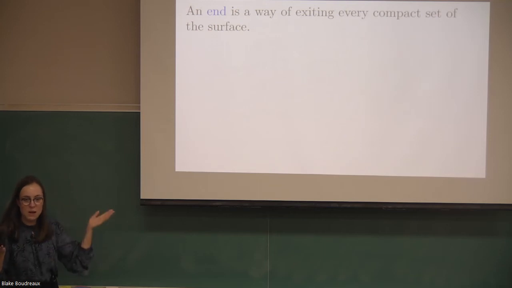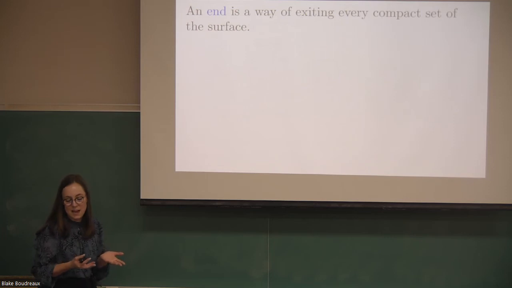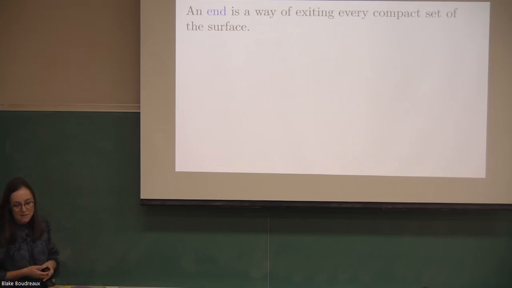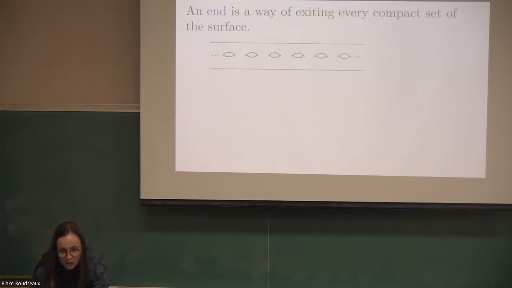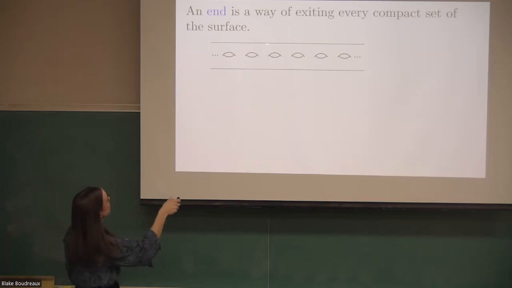The first thing I want to do when we discuss infinite type surfaces is define the notion of an end. So an end is a way of exiting every compact set of the surface. Here I have a surface with infinite genus going off in one direction and infinite genus in the other direction. We're going to see if it'll let me draw today. And it's not. So notice what I can do is take a surface of genus 2 with two boundary components here and here.